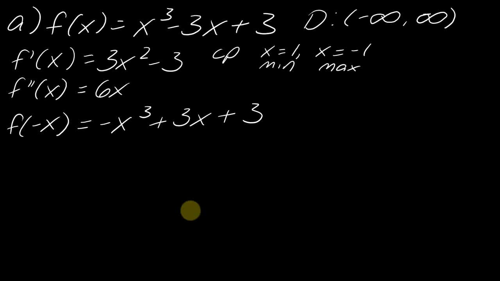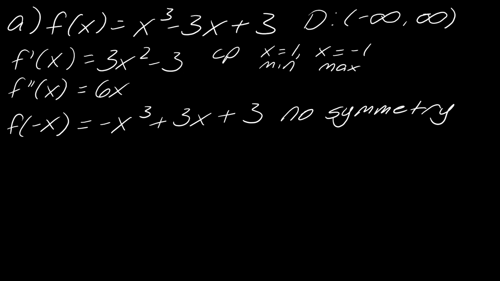So that's what would happen if I plug in -x. And so you would need either none of the signs to change or all of the signs to change to call this either even or odd. So notice this sign changed, this sign changed, but this one did not. So this means that we have no symmetry. So I do just want to note that.